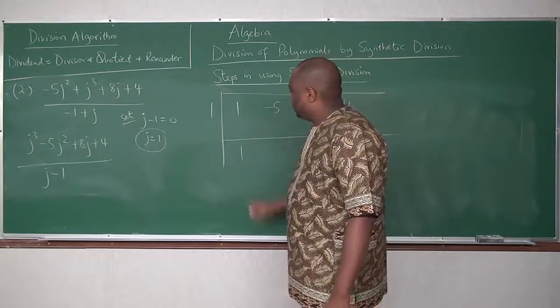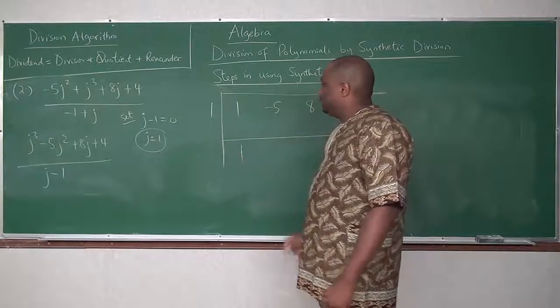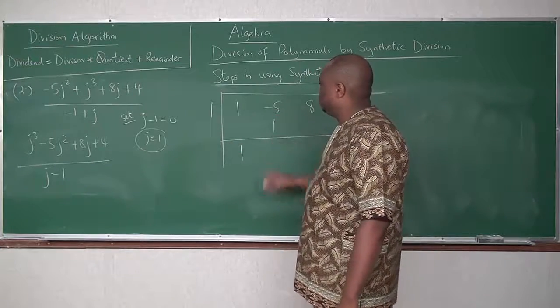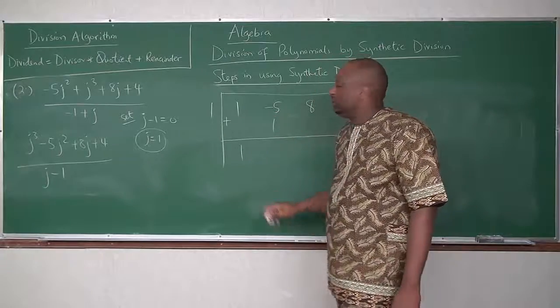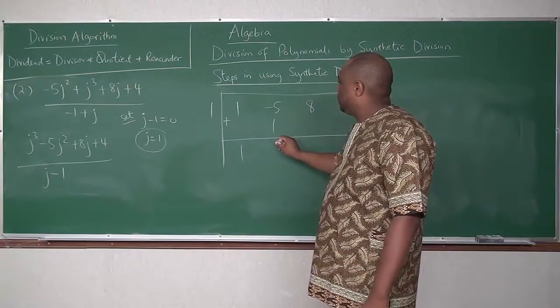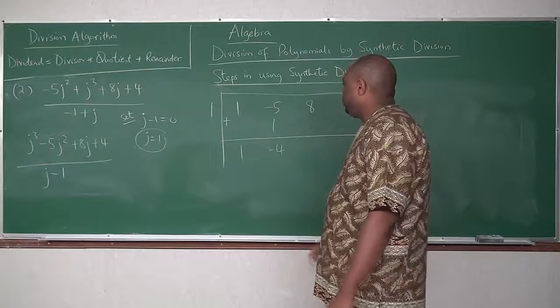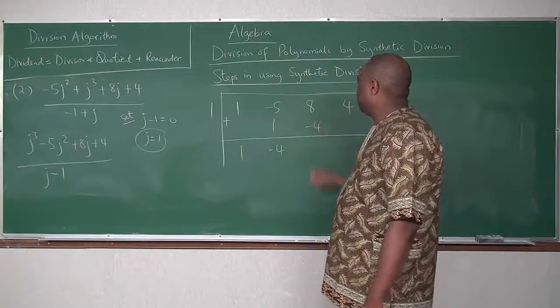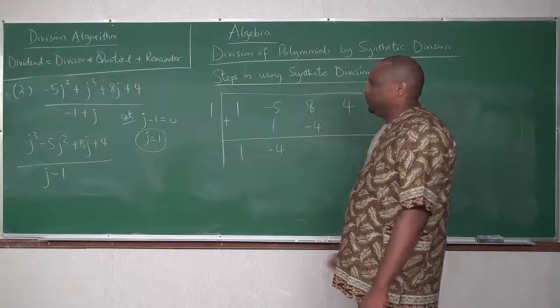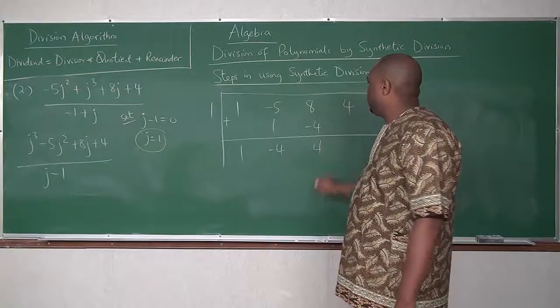I bring down this 1. 1 times 1 is 1. Then -5 plus 1 is -4. 1 times -4 is -4. 8 plus minus 4 is 4.